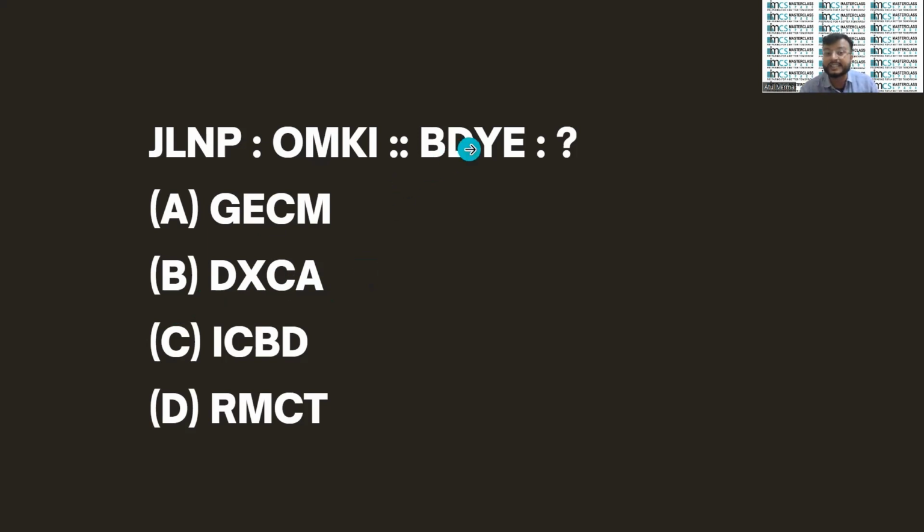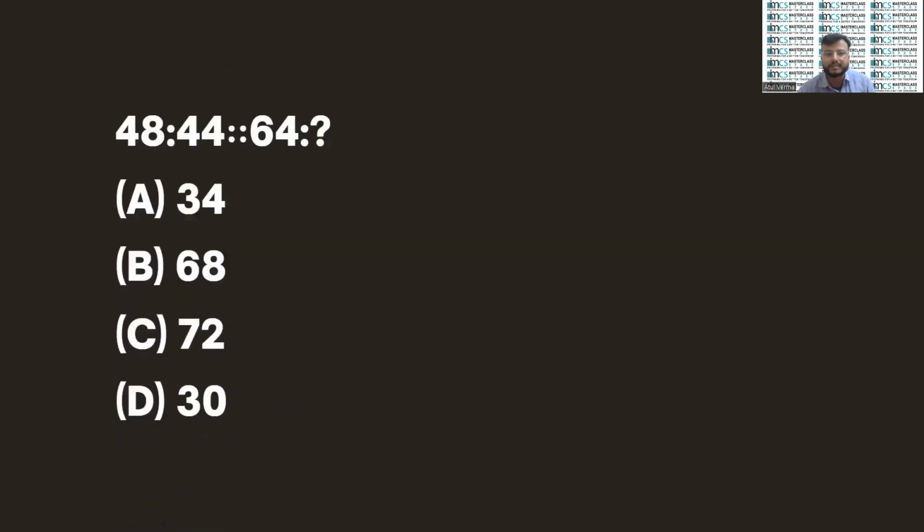The letter preceding D is C, and that is at the second last position, which is good. Y is preceded by X and E is preceded by D. Now we have applied the logic to the entire set of letters, and hence B is the correct answer with the full logic. Okay, so try to avoid this trap.